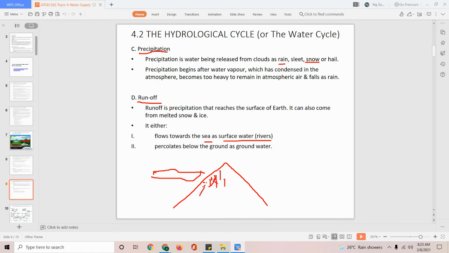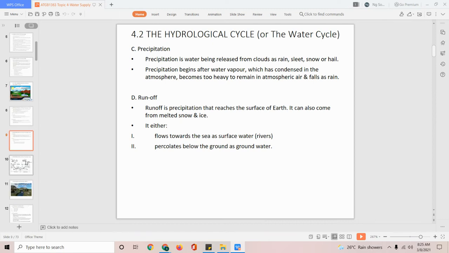So in Malaysia, if you look at it geologically, we have a mountain range across the entire state. On this left side of our country, we will experience more rainfall. Here will be less because we have quite a long strip of mountains blocking the rain and the cloud.